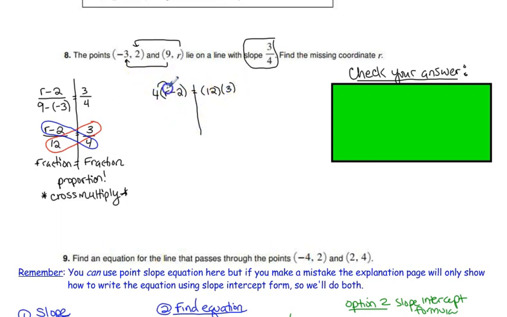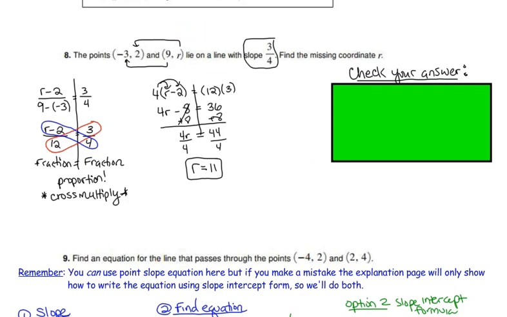Go ahead and distribute that 4. 4r minus 8 equals 36. Add 8 to both sides. 4r equals 36 plus 8 is 44. Divide by 4. And I get my final answer, r equals 11.